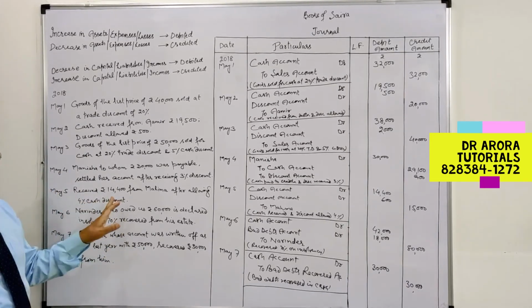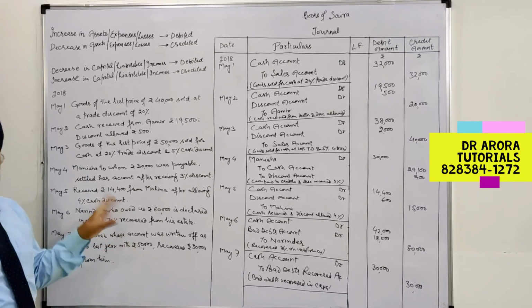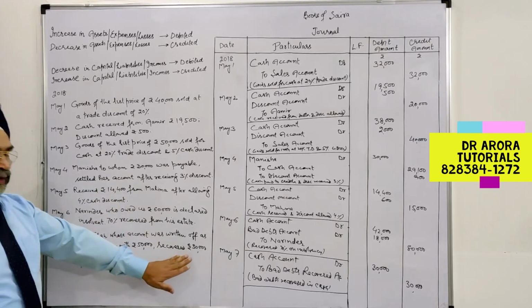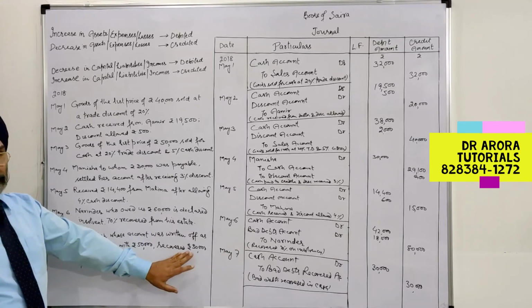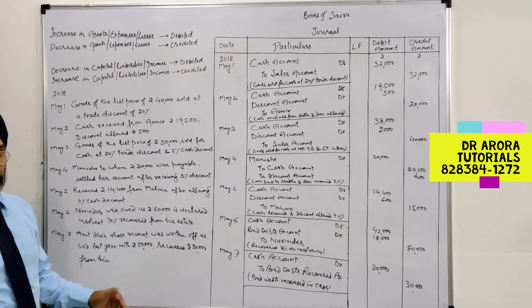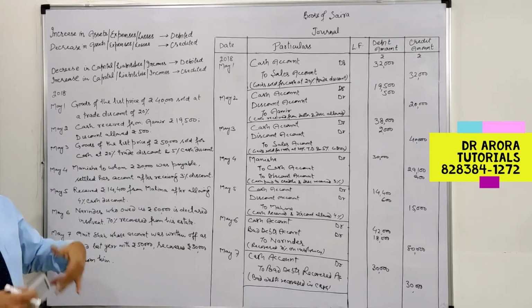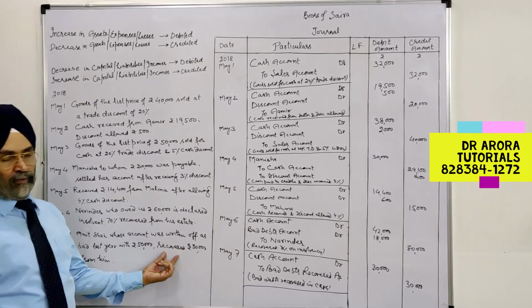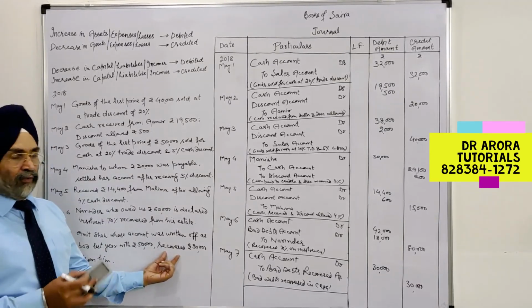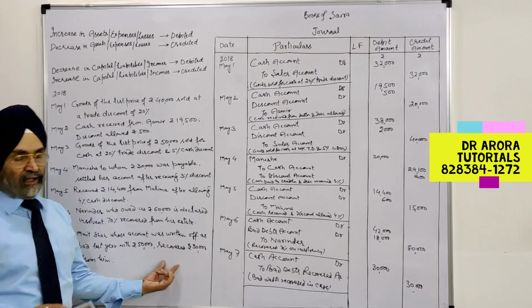We closed his account by writing it off as bad debt last year. But whatever amount we have recovered today, we will pass the entry with that amount recovered. Might be tomorrow we may receive another 20,000. Tomorrow we will pass the entry. Whenever we recover the amount, whatever amount we recover, with that amount we are to pass the entry.